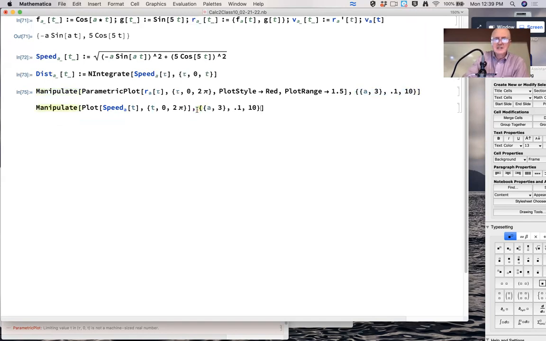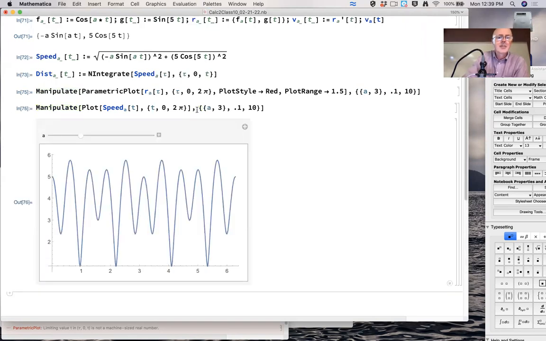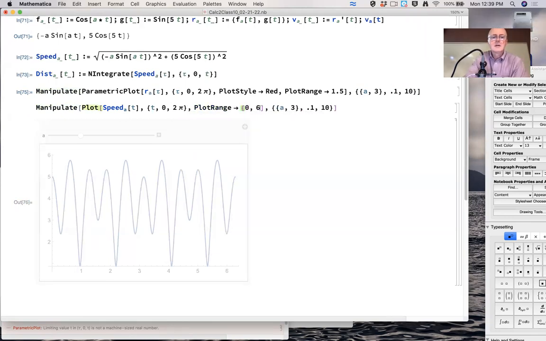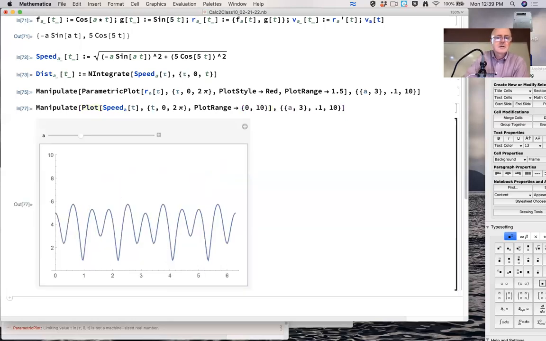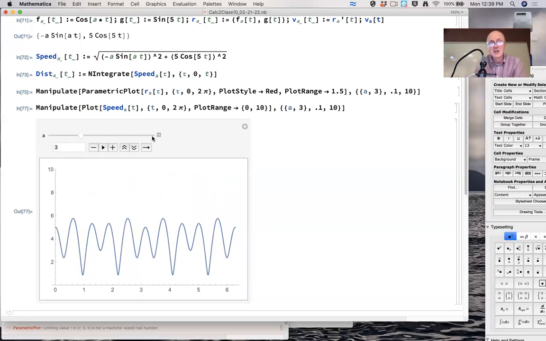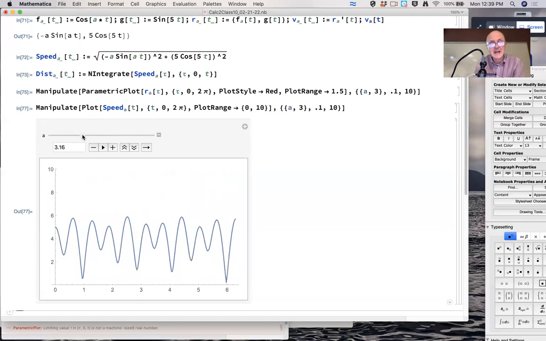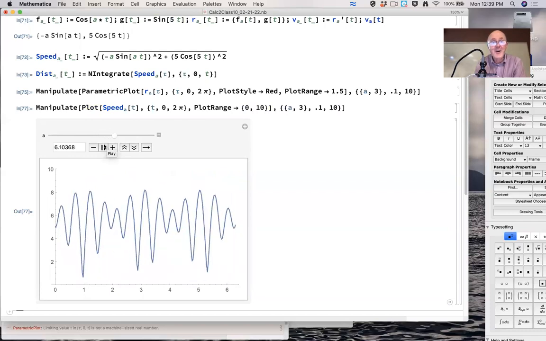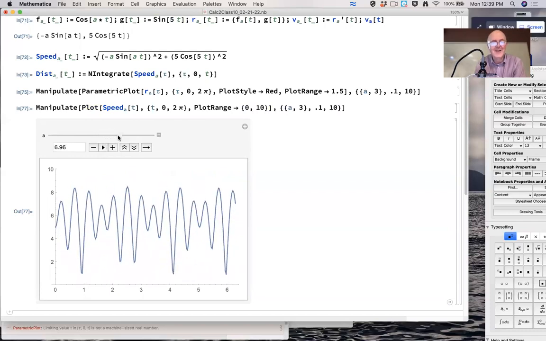I will eventually test you on understanding the syntax, but for the moment I'm not. That's a graph of the speed as a function of time. And again, we're interested in seeing what happens as A changes. Does anything interesting happen? Well, kind of. Oh, yeah, some interesting things happen there. Wow, look at that.